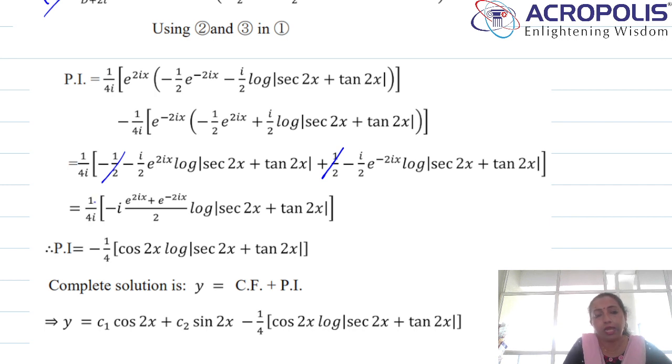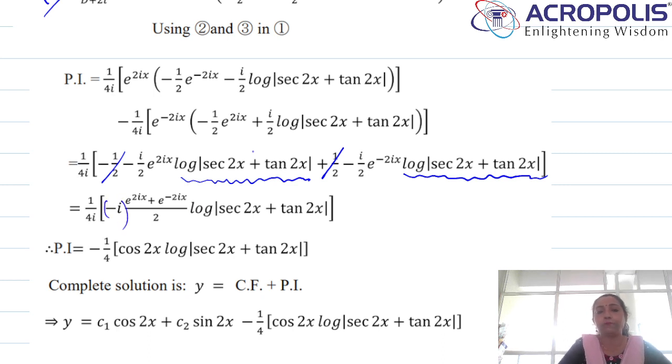Now, we will have 1 upon 4i in bracket, minus i e to the power 2ix plus e to the power minus 2ix by 2 log of sec 2x plus tan 2x, as we can take the term log sec 2x plus tan 2x as a common term. So we will have here minus i times e to the power 2ix plus e to the power minus 2ix by 2, because we have minus i also as a common term.